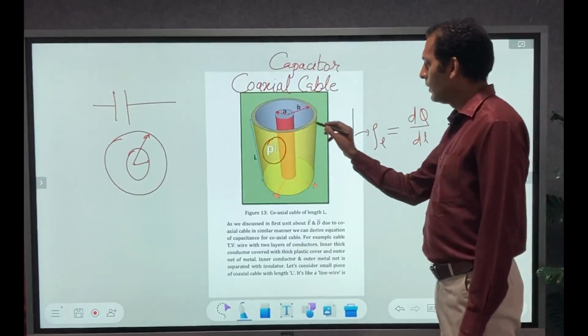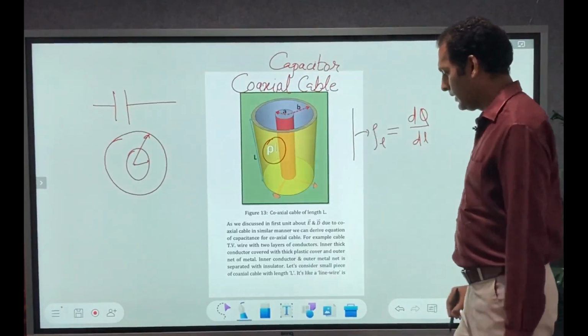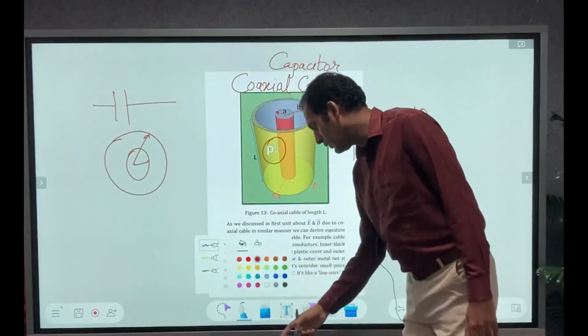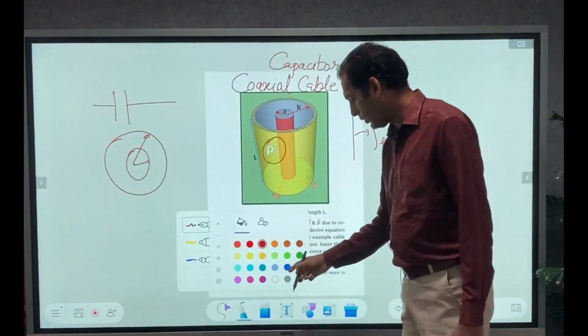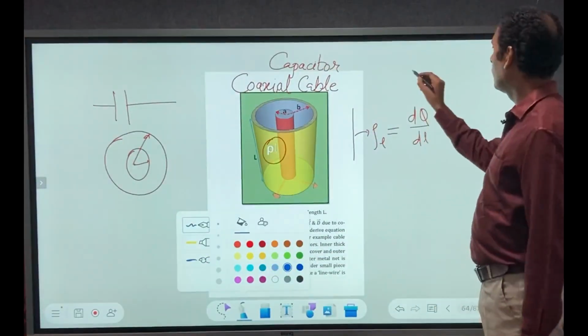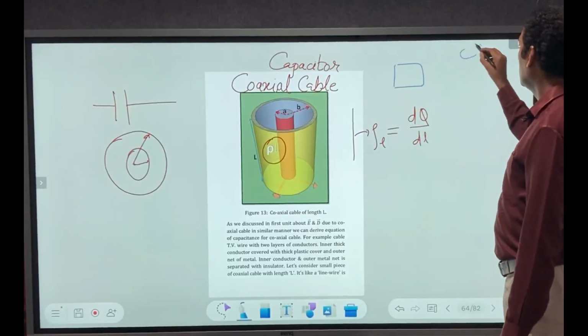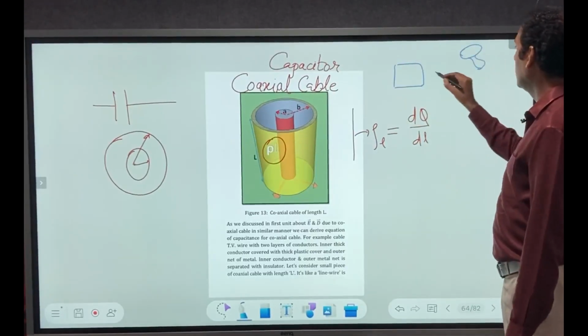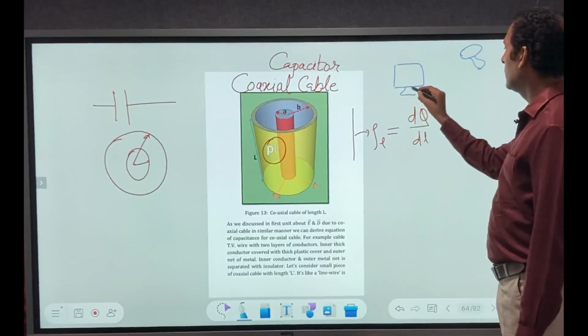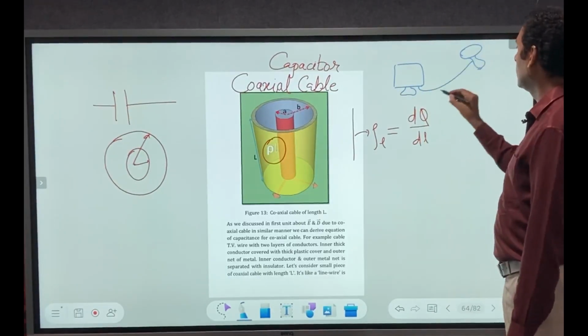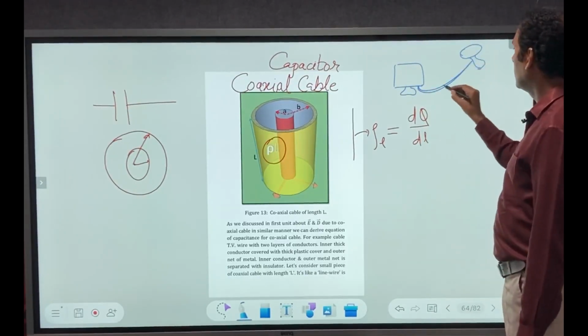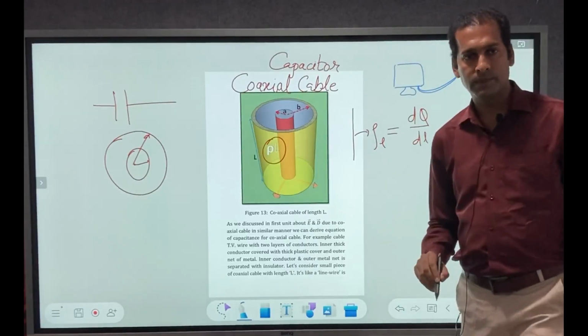Now here we can see what is the example of coaxial cable. All of us have seen coaxial cable at our houses. You might have observed with the television set there is one antenna connected, and this television set is connected with some cable. This cable is nothing but coaxial cable.